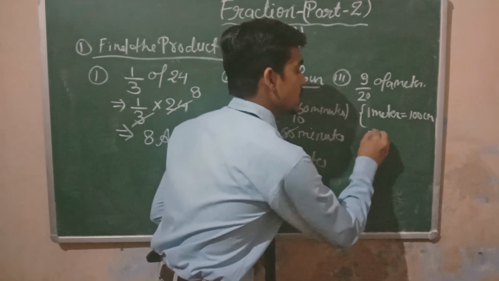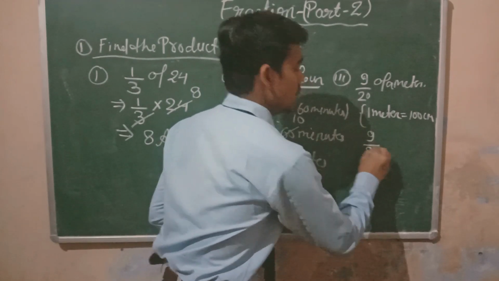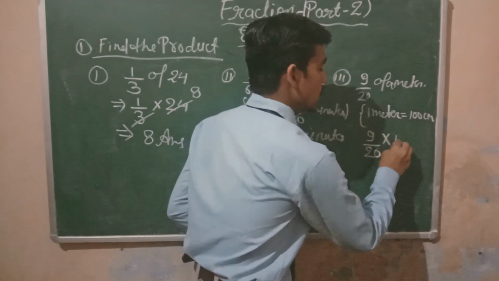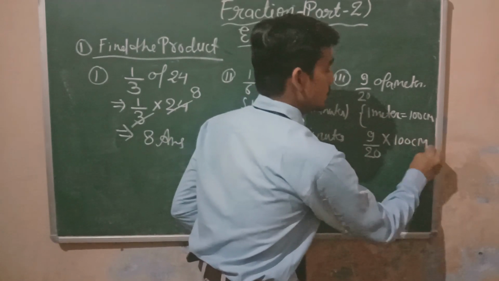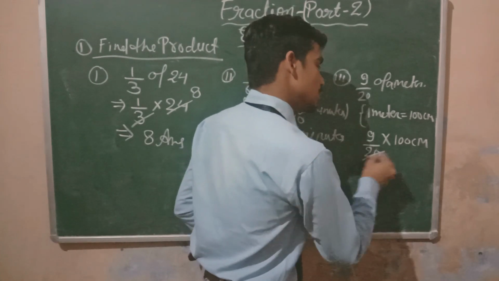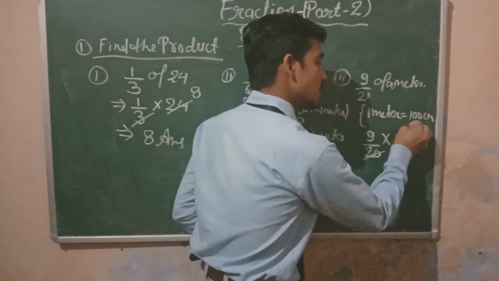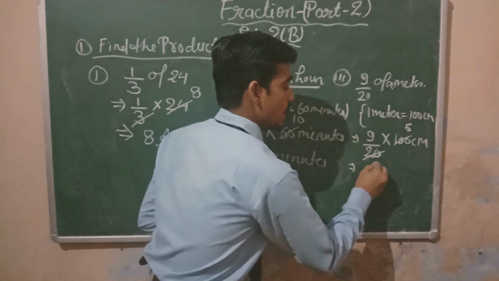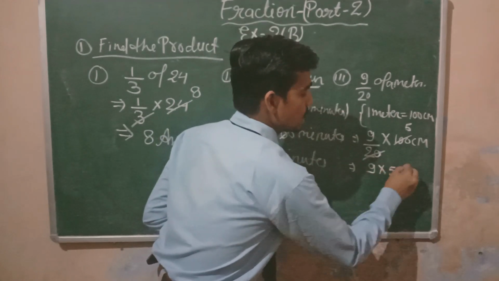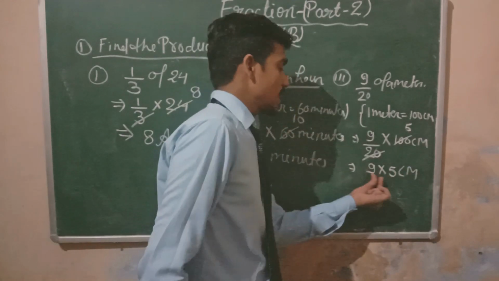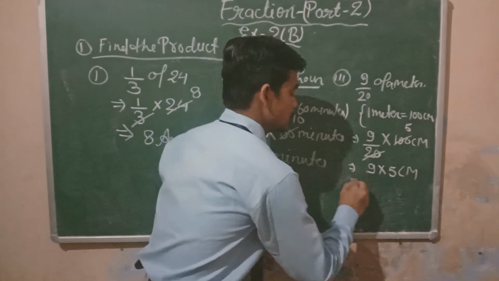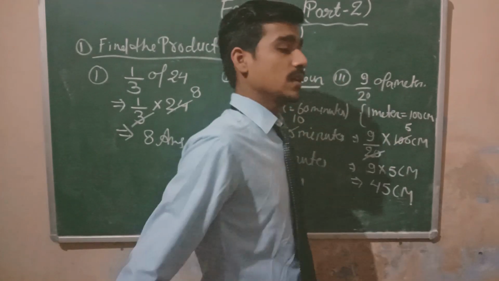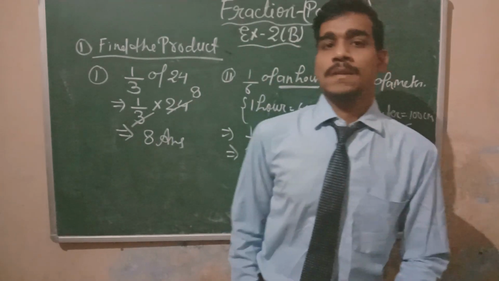That's why you will write here 9 upon 20 into 100 centimeter. 20 5s are 100, and you will write here 9 into 5 centimeter. 9 5s are 45 centimeter. Clear, students? Thank you.